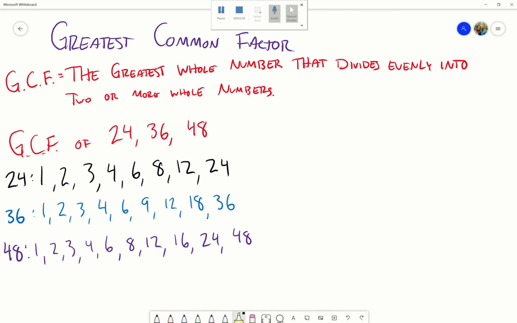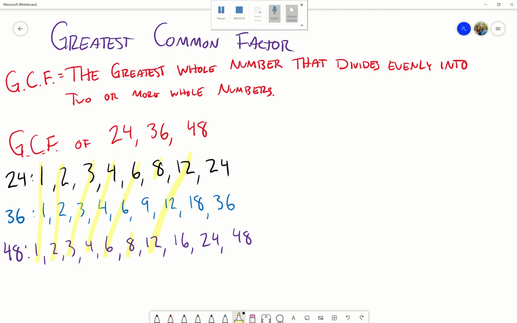Okay, well, I have the factors of 1, 2, 3, 4, 6, 8 is in common here and here, but it's not in common in 36. 36 cannot be divided by 8, so that's not a common factor. But 12 can be in all of these.